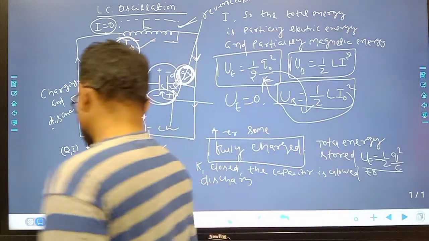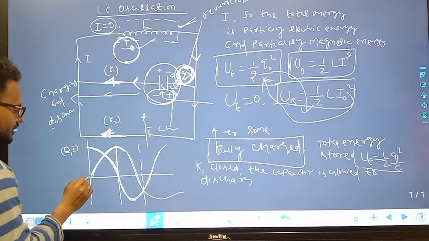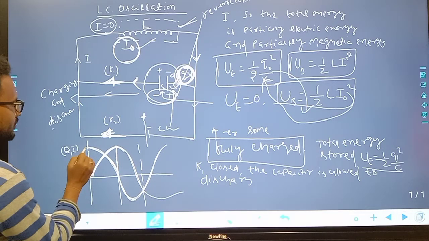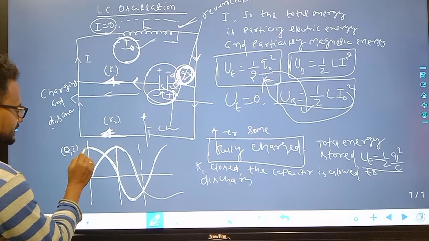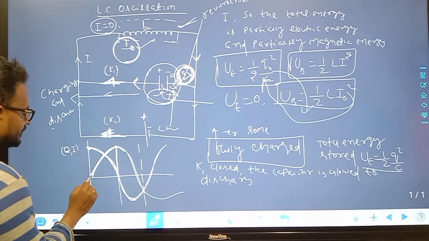Here, look at the graph. At the initial time t equal to 0, the charge is maximum and the current is equal to 0.